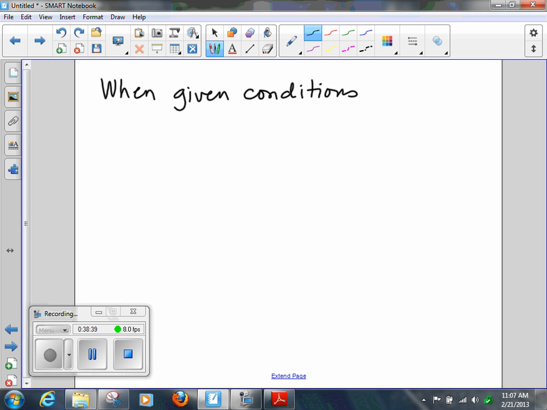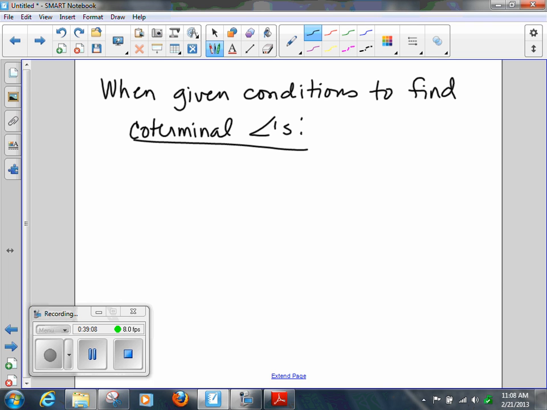These are some good notes. You guys are getting the best notes. Aren't you lucky you're not third block? Here we go. When given conditions to find coterminal angles, or those C angles, if we don't want to write coterminal.